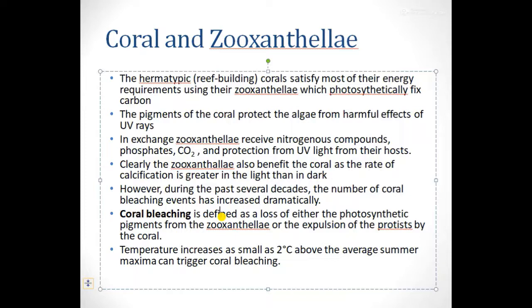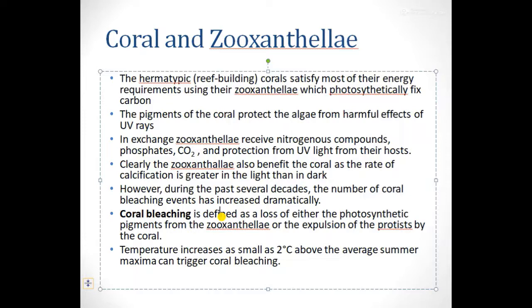By global warming and similar processes, these zooxanthellae are losing their photosynthetic pigments, and even a small temperature change of about 2 degrees centigrade will cause removal of the zooxanthellae from the corals. As a result, when the zooxanthellae are lost, the carbon source to the corals is depleted, and the corals get bleached.